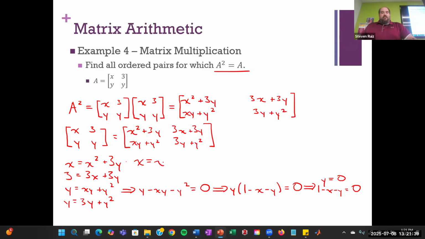X equals x squared. When does that happen? It doesn't have to be 1. Well, it can be 1, but there are other possibilities. If I bring everything over and do the same kind of factoring, I get x times 1 minus x equals 0. So 0 and 1, because x equals 0 or 1 minus x equals 0.